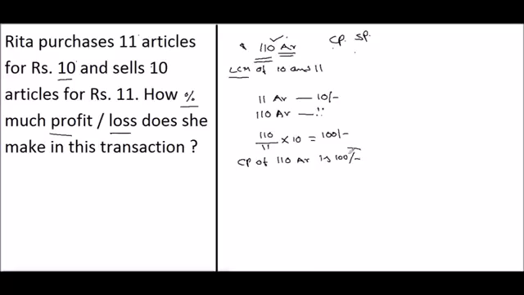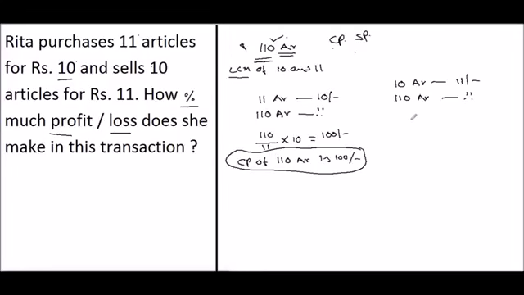One finding I got here. Remember this. Next, second finding. What is the second one here? Let us use the second statement. If she sells 10 articles for 11 rupees, then 110 articles for how many rupees?